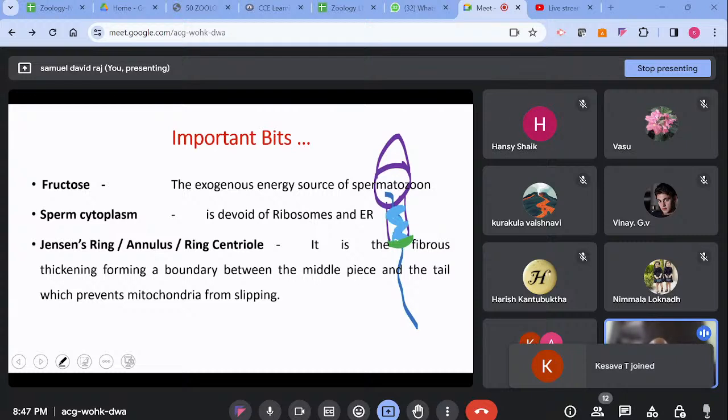This fibrous thickening that forms a boundary between the middle piece and tail is called the ring centriole because it appears like a rounded structure. If you observe it suddenly under a microscope, it appears like a centriole. Hence, they called it the ring centriole.